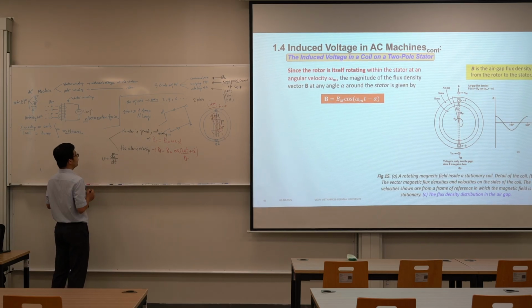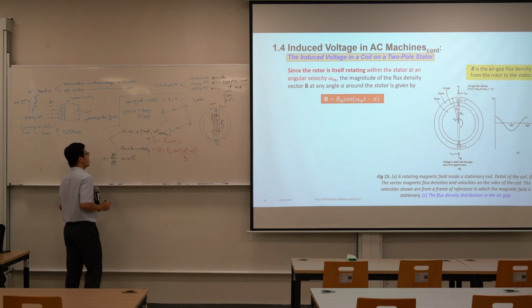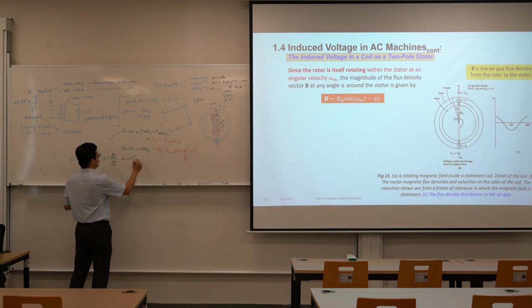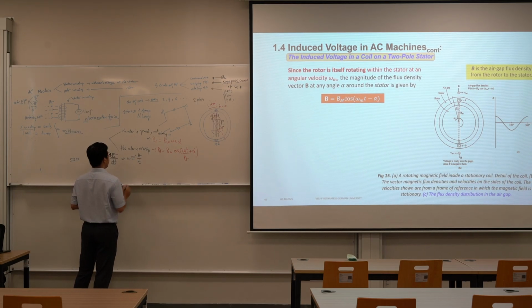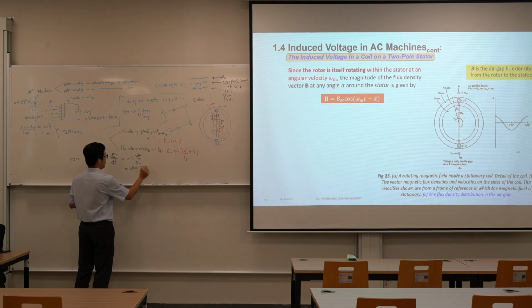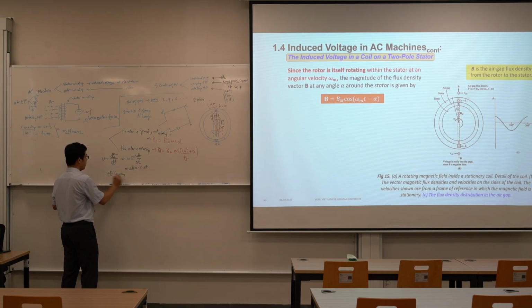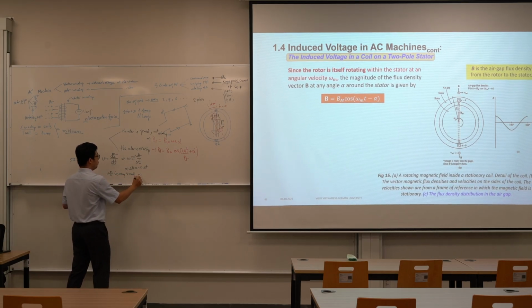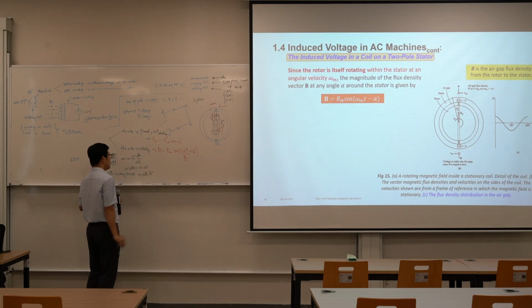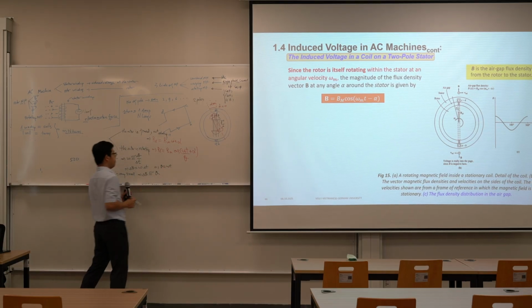If the interval of theta and the interval of time are very small, we can get omega is approximately equal to delta theta over delta t. So delta theta is very small, and delta theta is approximately equal to theta. So we can get theta is omega t.